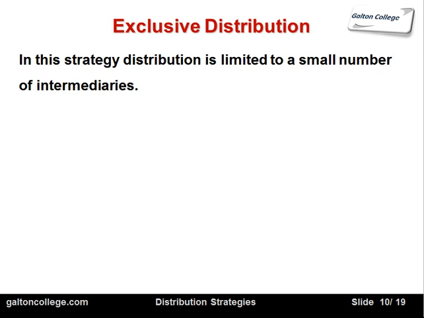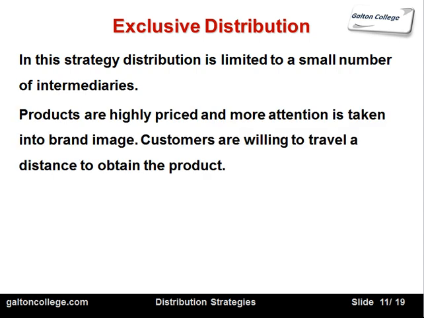Exclusive distribution. In this strategy, distribution is limited to a small number of intermediaries. Products are priced highly, and more attention is taken regarding the brand image, I should say. Customers are willing to travel a distance to obtain the product.